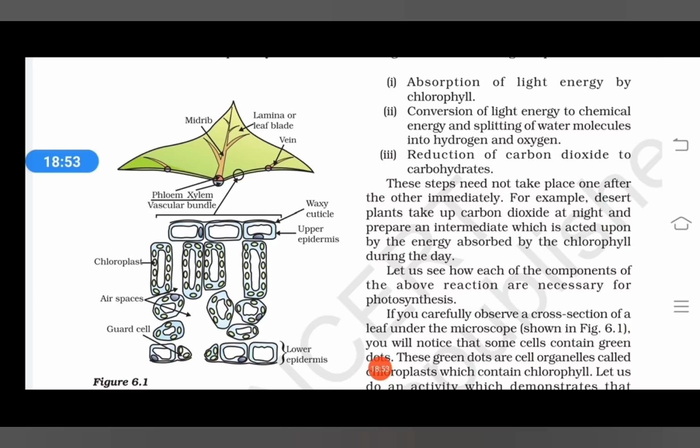We will see what the uses of xylem and phloem are. And in the leaf there is a waxy cuticle, and the first layer is called the upper epidermis, and inside this there are chloroplasts, air spaces and guard cells. We will also see what the functions of guard cells are.